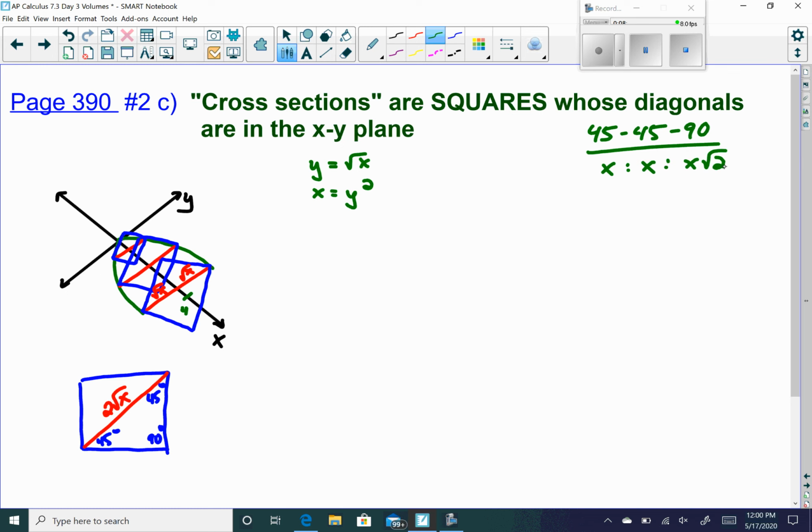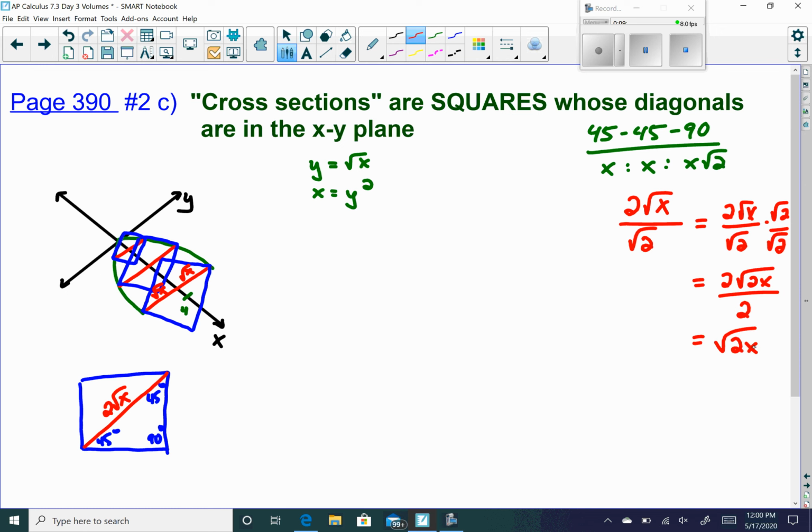So all I have to do is take this 2 radical x and divide it by radical 2 to get the length of a side here. So I'm just going to say that this is 2 radical x over radical 2, rationalize here. So we're going to get 2 radical 2x over 2, so I just get a radical 2x for each side. So here, the area, again, is side squared. Each side is radical 2x units long.